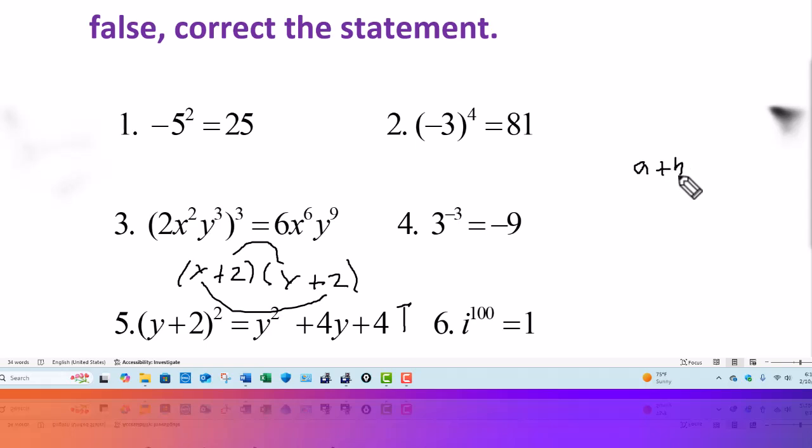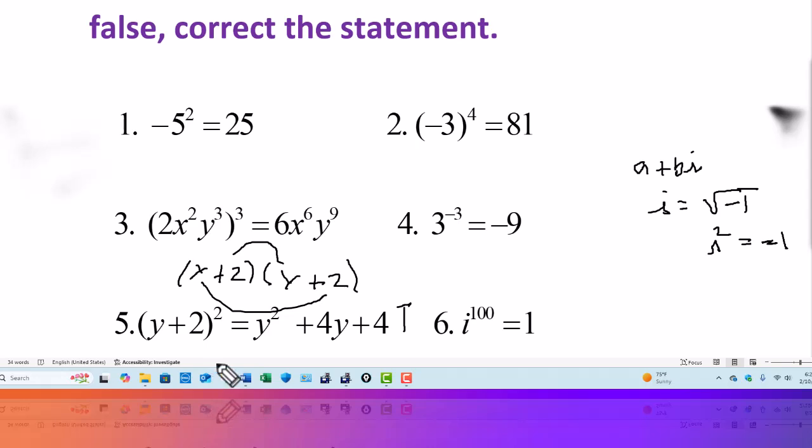Number 6 involves i, the imaginary unit. A complex number can be written in the form a plus bi. A and b are real, but i is the imaginary unit, so i is the square root of -1, and i squared is -1.